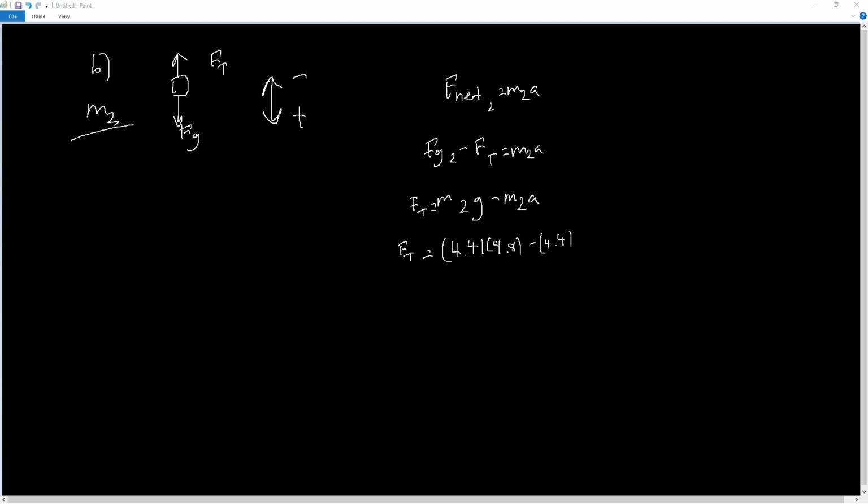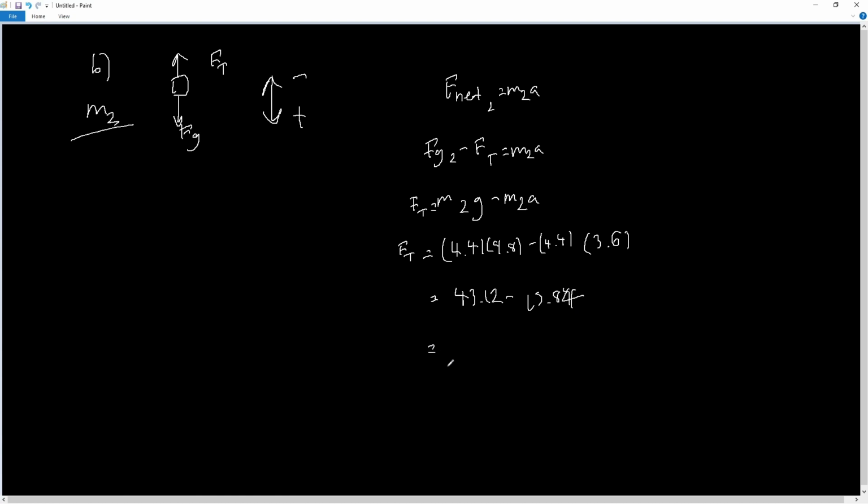The acceleration that we just found was 3.6 meters per second squared. Let's use a calculator: 4.4 times 9.8, which is 43.12, minus 4.4 times 3.6, which is 15.84. Sorry, let me just fix that.